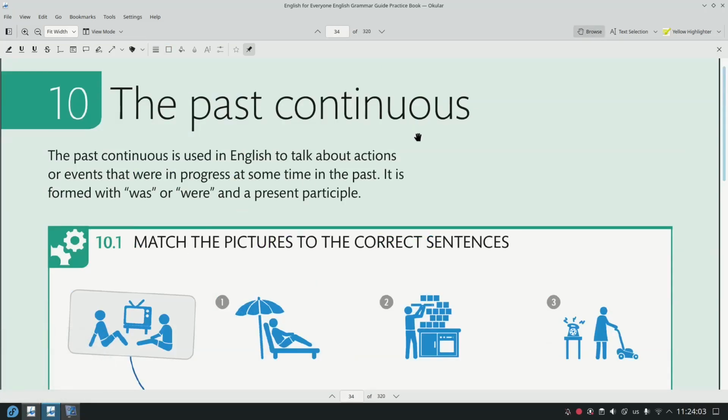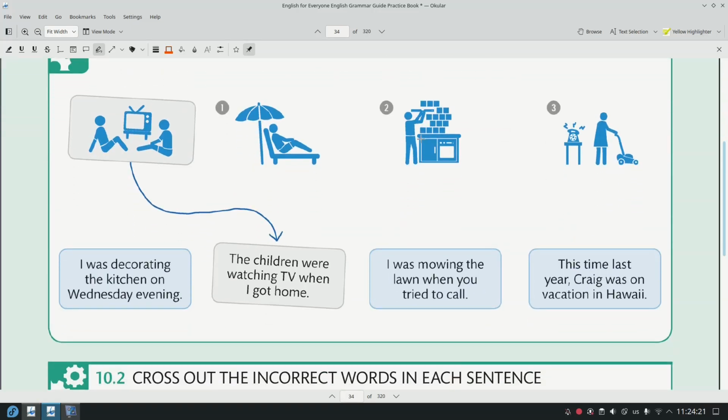One more time. The past continuous is used in English to talk about actions or events that were in progress at some time in the past. It is formed with was and were and a present participle. We have 4 situations. This one is an example.